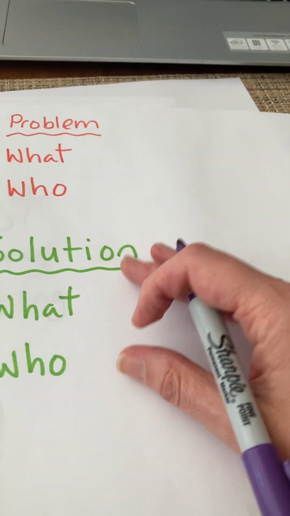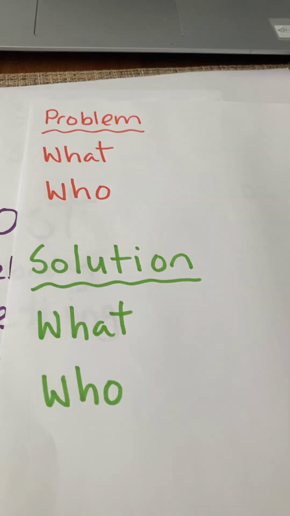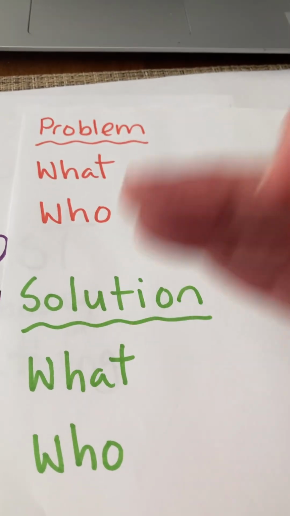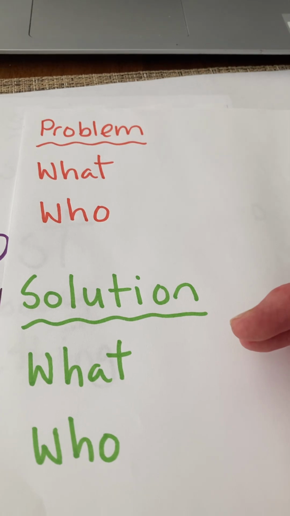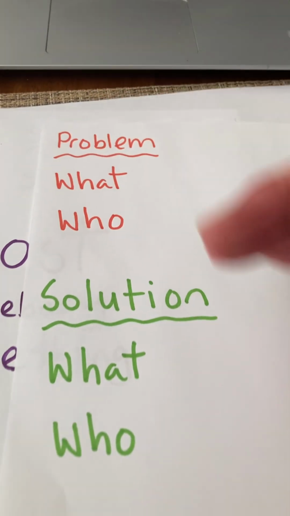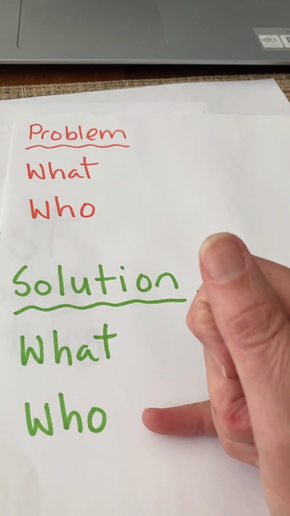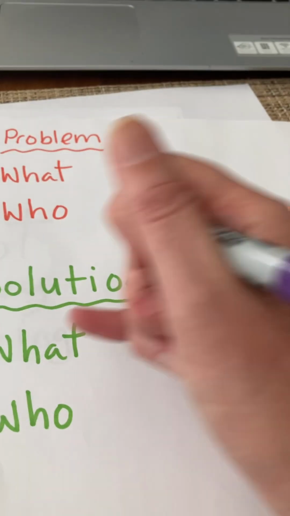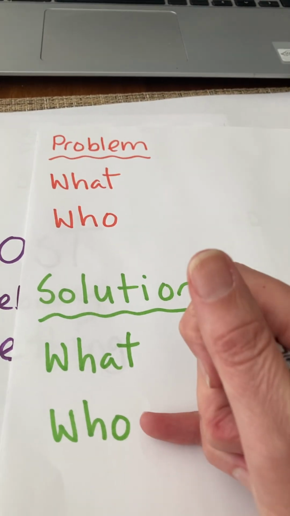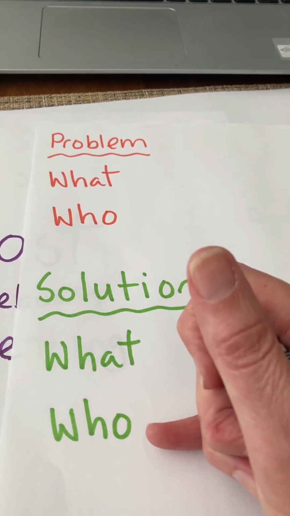And then you're going to write and decide, even before you start writing, what's the solution to solve the problem? What's the answer? And then who's going to solve it? And your characters are somehow going to be involved in that, aren't they? The characters that you came up with last week.